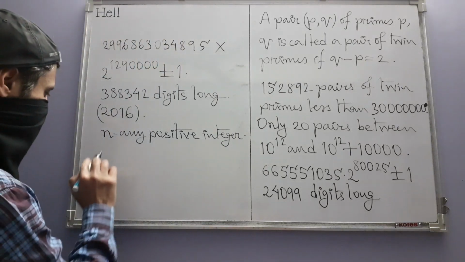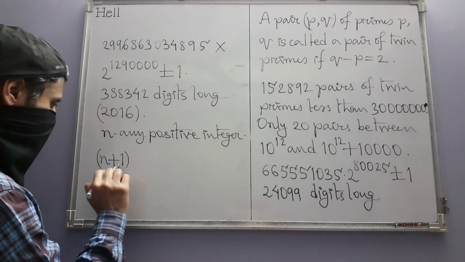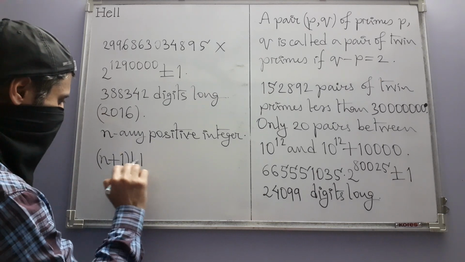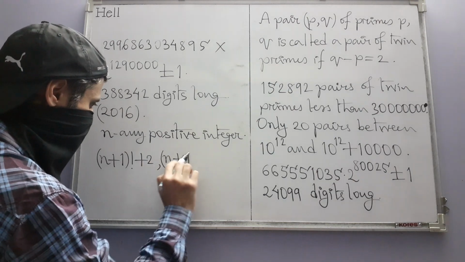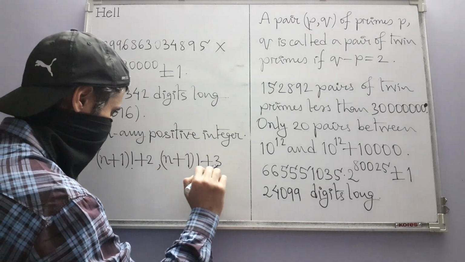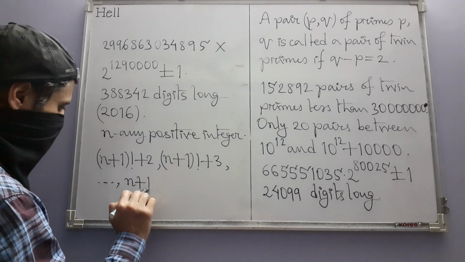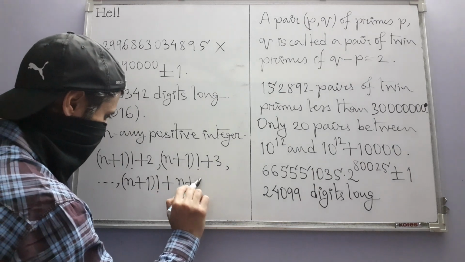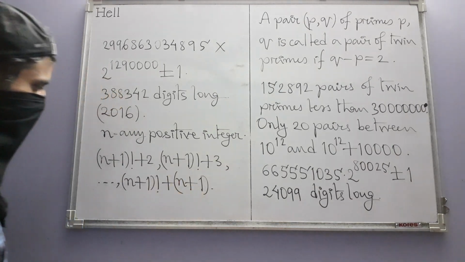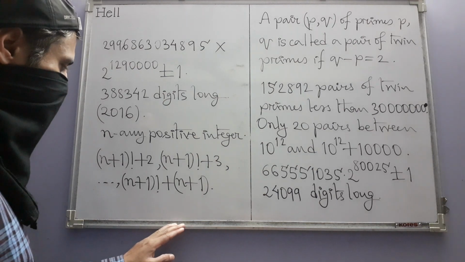You just need to consider these numbers: (n plus 1) factorial plus 2, (n plus 1) factorial plus 3, and so on up to (n plus 1) factorial plus (n plus 1). Let us first see how many numbers there are in this list.